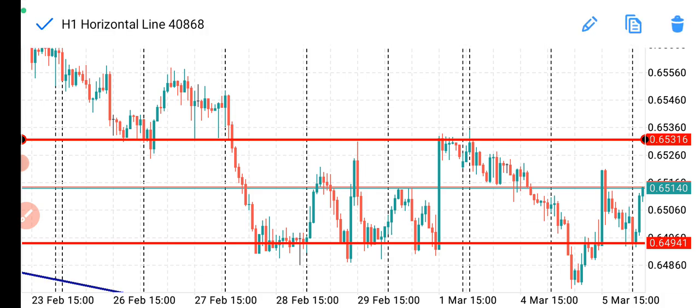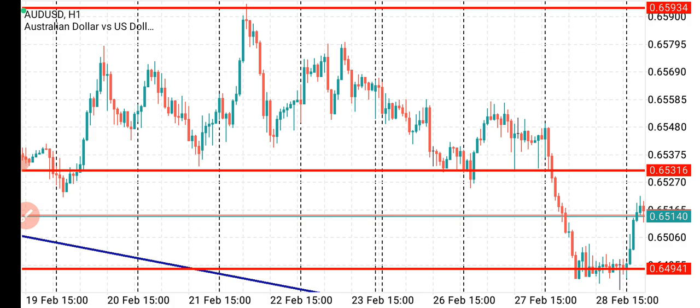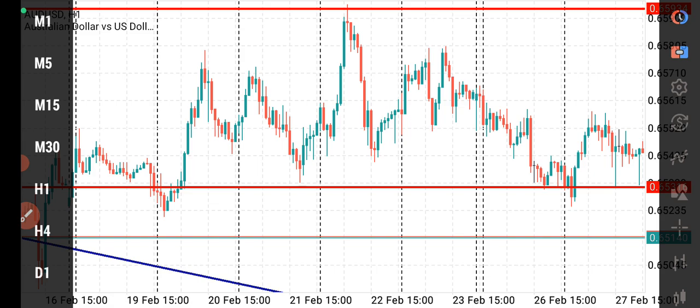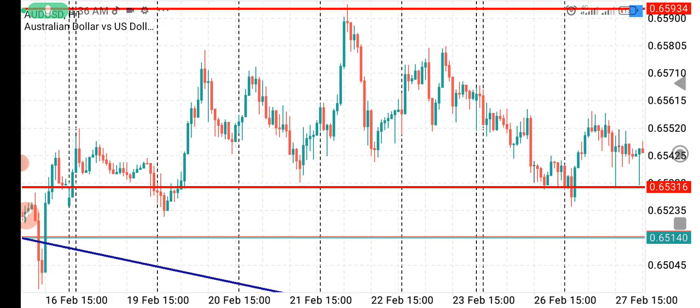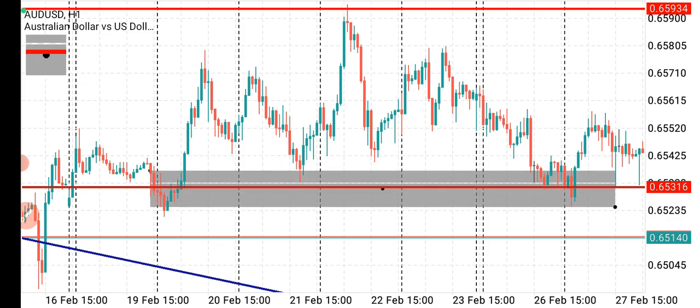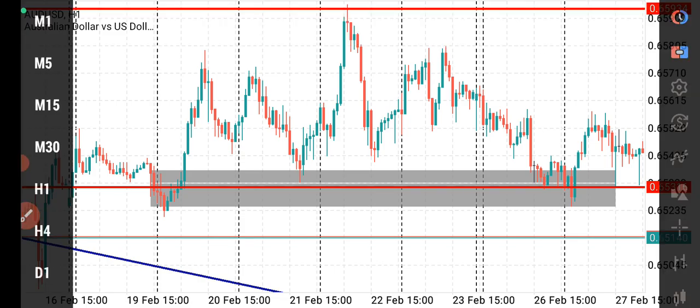So on our H1 is where we can have entries. We can make entries on H1. Having marked your support and resistance, and knowing that support and resistance is a zone, not a line, we have marked it as it should be.